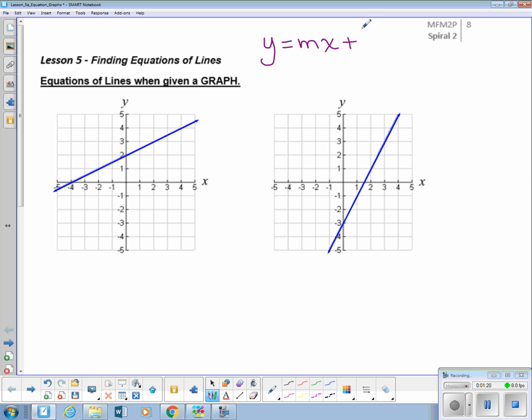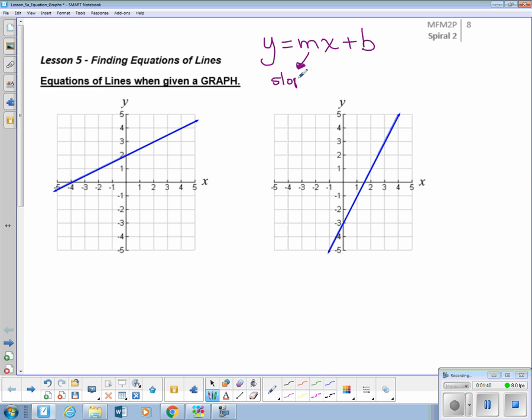Now we used this in the first spiral, and we're still continuing with it. So we already know that m is slope, and we know how to find slope when we're given a graph, because that's what we did the last day and a half.